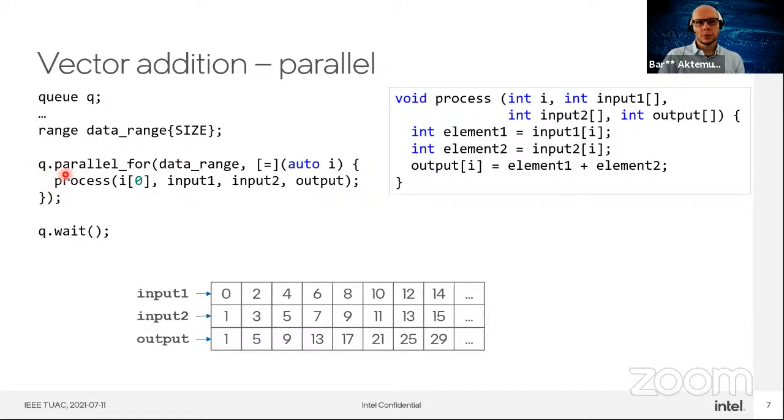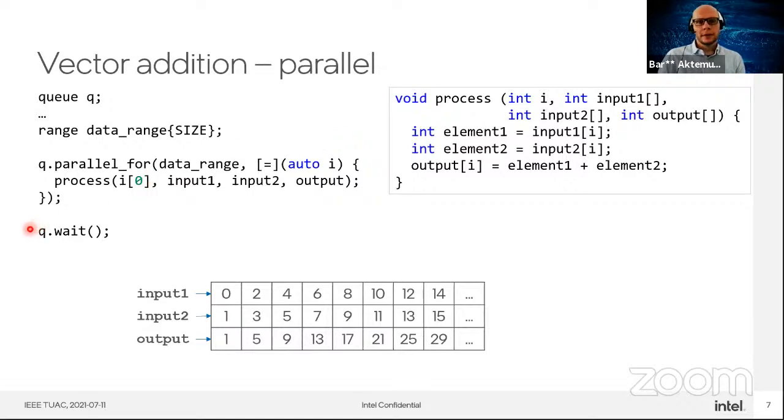What we pass to this parallel for function is a lambda, and it takes a parameter which specifies the index of the work item, and then using this index, we specify how to process the data.